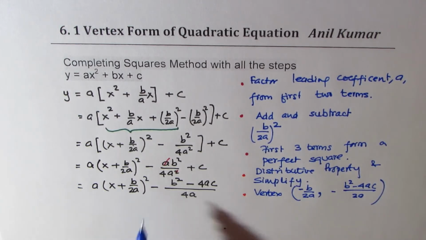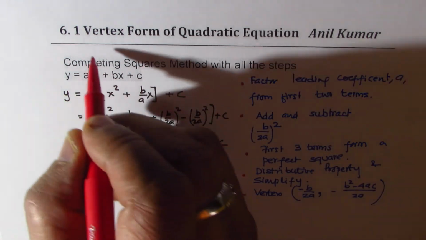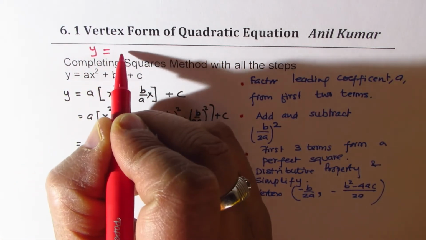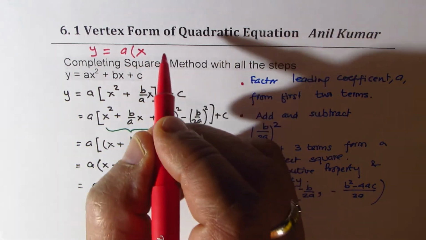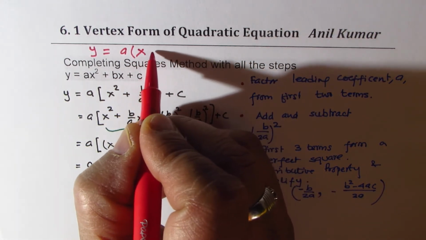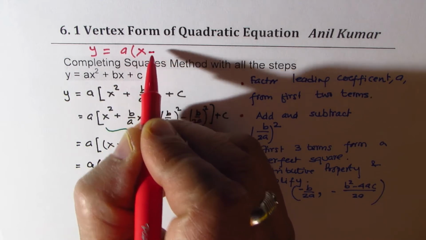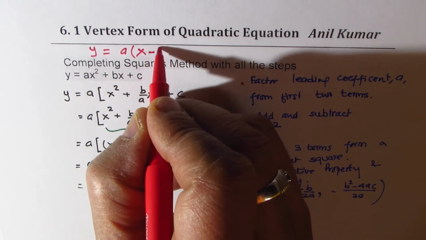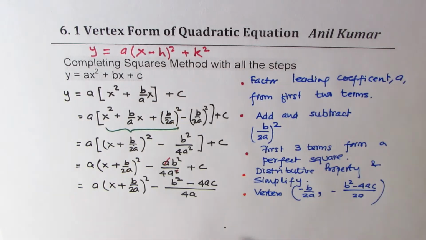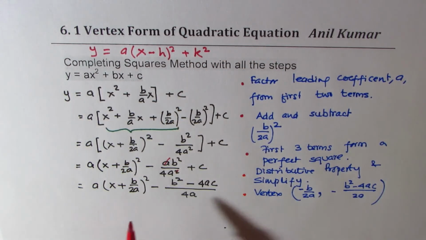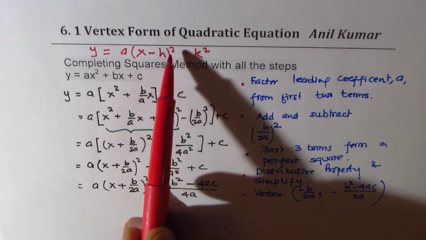So these are your h and k values if we are writing this in the form y equals a times x. Normally we write x minus h whole square plus k, correct? So generally we write x minus h whole square.